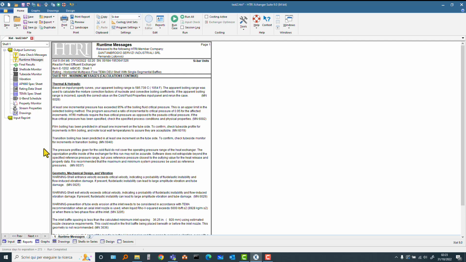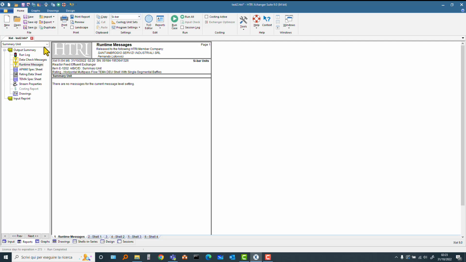How can we solve this problem? There is a very simple way, without making major modification, not on shell 1 but on the summary unit. Let's analyze a little bit better what happens.